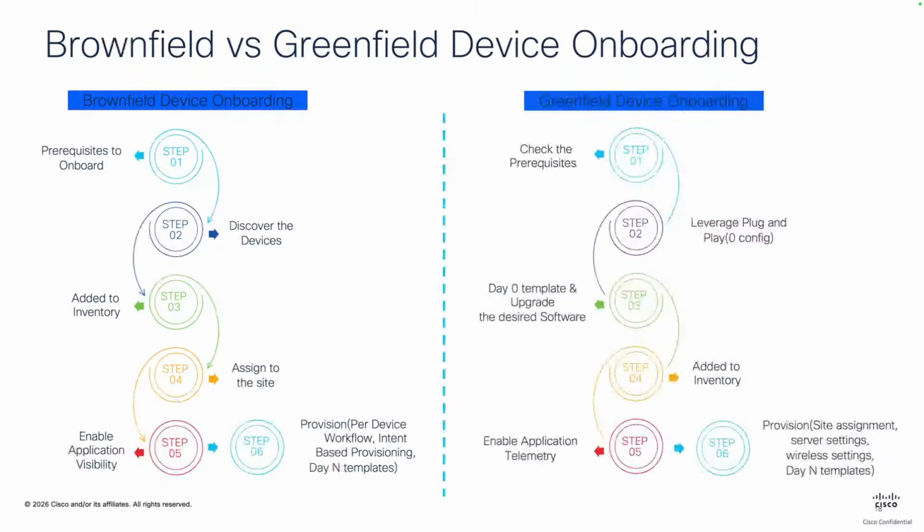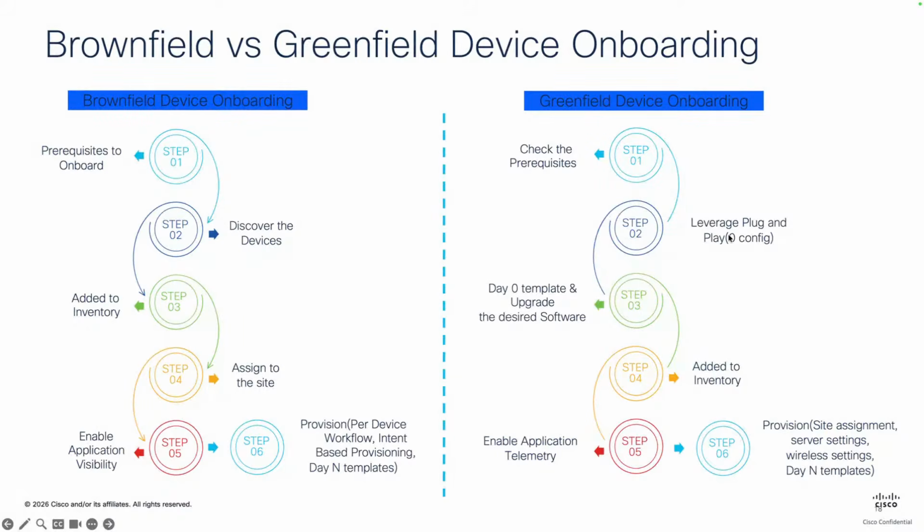A little bit on the workflows for brownfield and greenfield device onboarding and the configuration of your devices. For both, you will need to check the prerequisites, right? And the brownfield, you will discover your devices with a discovery task. We will add them to the inventory, assign them to a site, enable application visibility, and then provision.